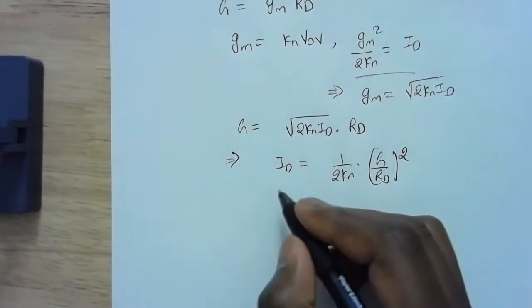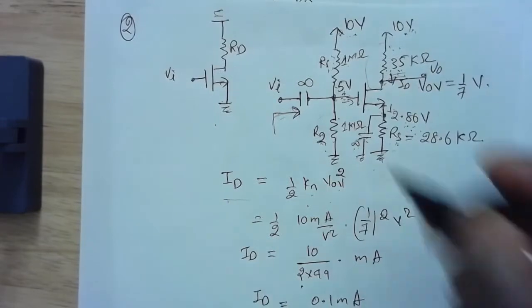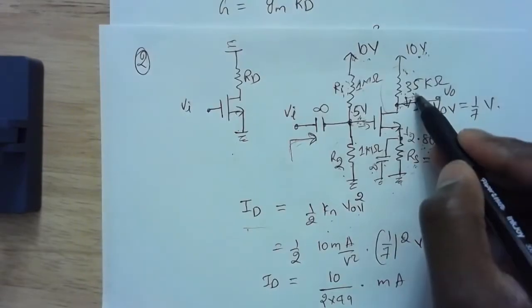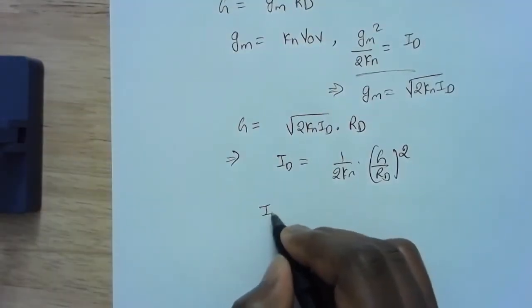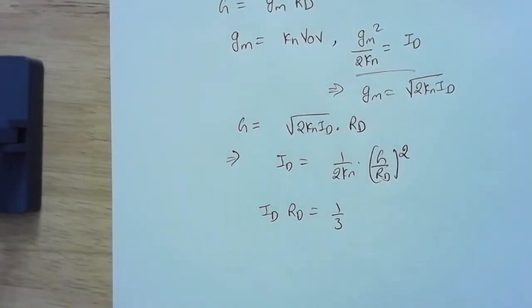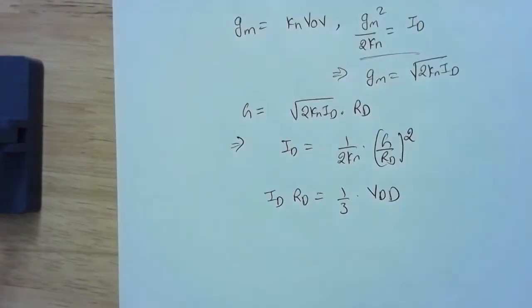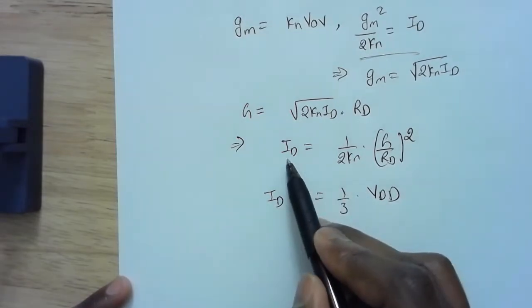All right. So now I said I want the voltage drop across this resistance to be 1/3 the power supply, and the voltage drop across that resistance is ID times RD. So I want ID times RD to be 1/3 the power supply VDD. I'm going to substitute ID from here.